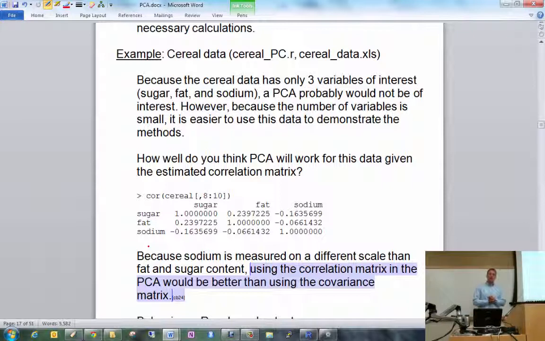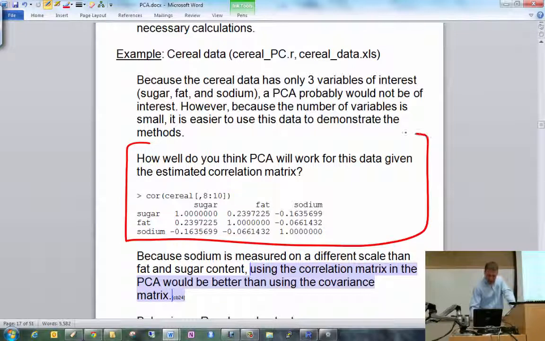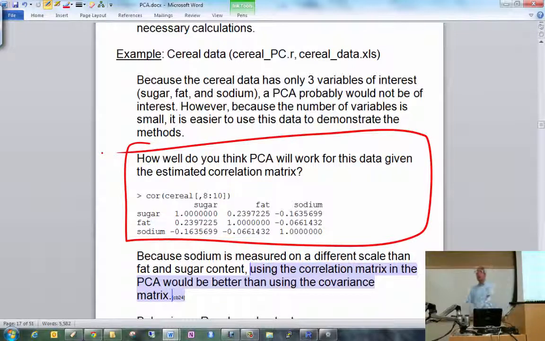We're going to focus on sugar, fat, and sodium. Now, in a real application, you probably would not want to do principal component analysis here for two reasons. First of all, you only have 3 variables to begin with. But this provides us a nice way to begin looking at principal component analysis, so that's why I chose it. A second reason why you would probably not want to use principal component analysis here is due to what's shown in the correlation matrix.